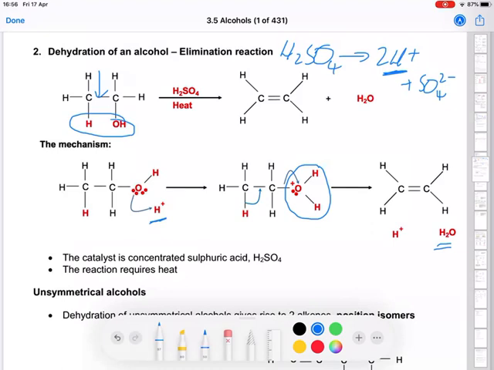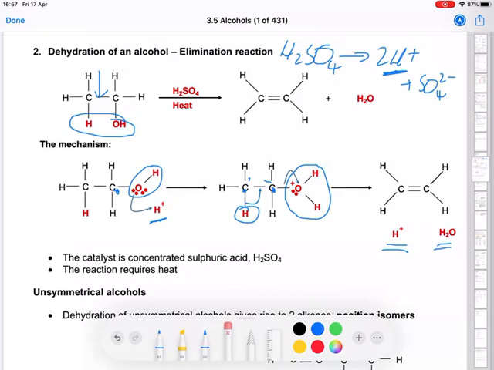Now, to put the double bond back in, we need to remove a hydrogen, again, next door to where the OH was. So remember, the OH is here on this carbon here, which is this carbon here. Next door to that is this one. So this hydrogen here will be lost. And in order to regenerate the hydrogen ion, the pair of electrons have to go in between these 2 carbons here and here.